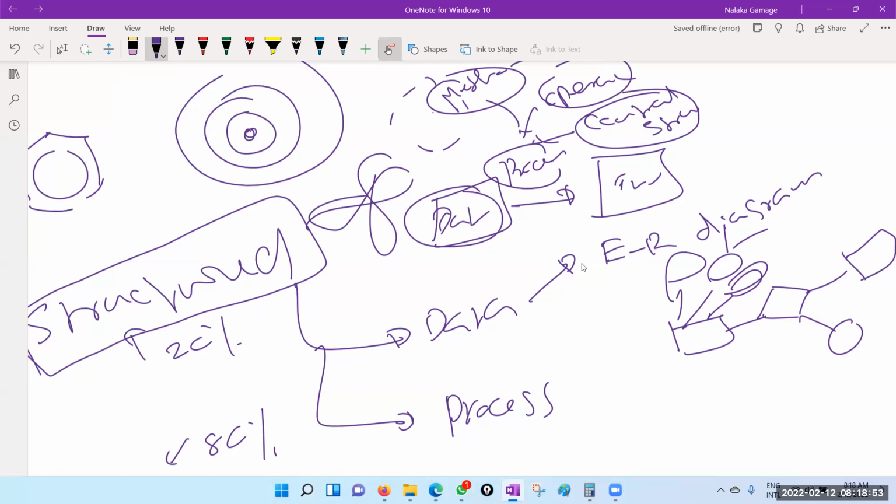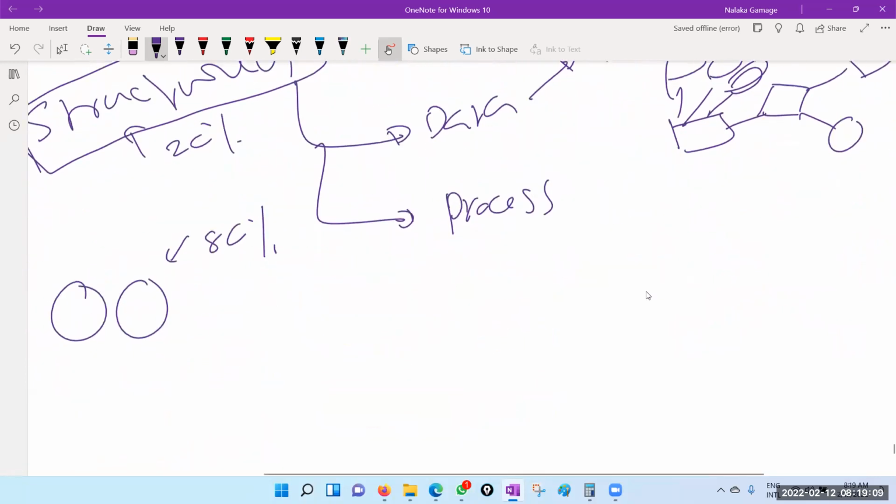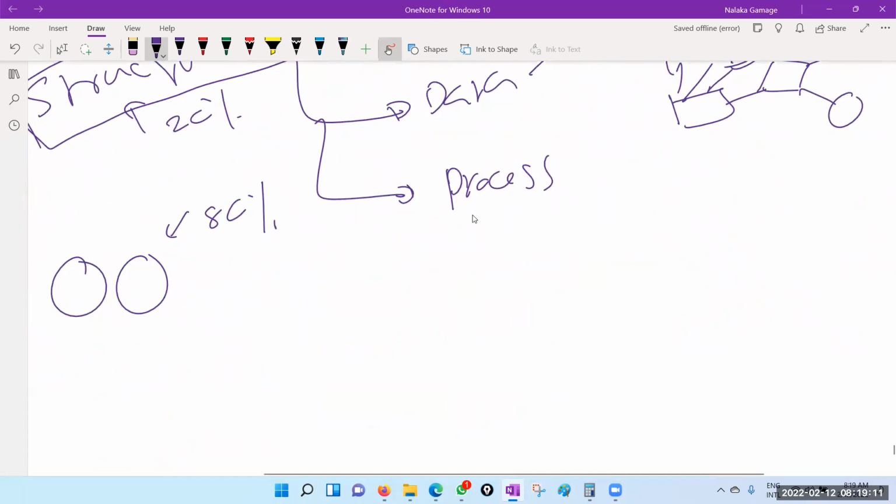So the main diagram or model we use in modeling the data aspect is the entity relationship diagram. I am not going to explain that further because we have already done this in the database subject. Right. So then what about the process?